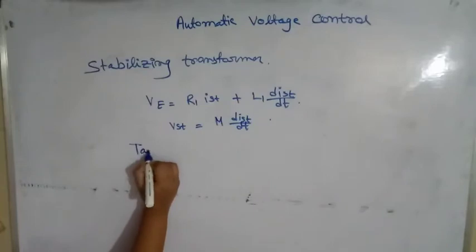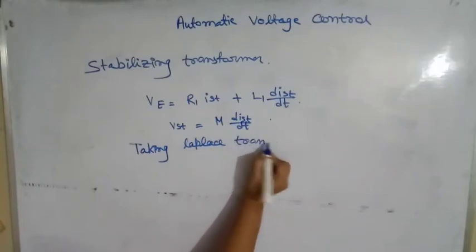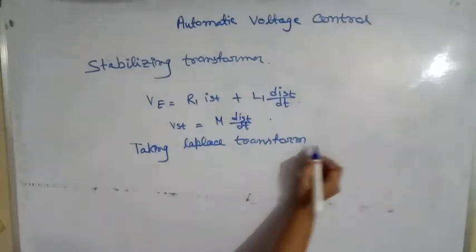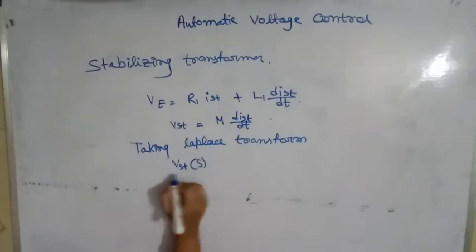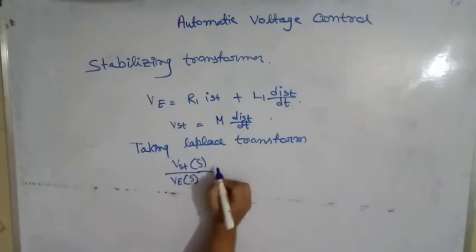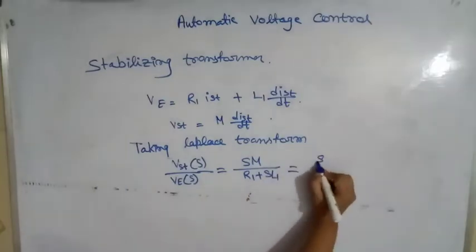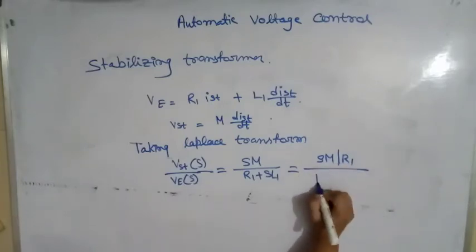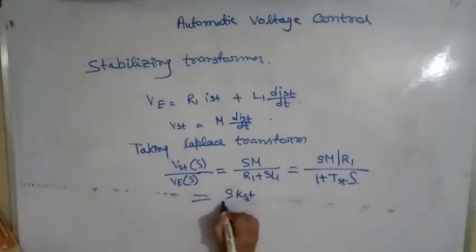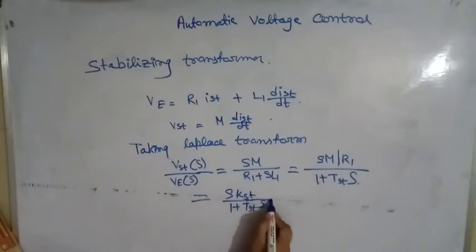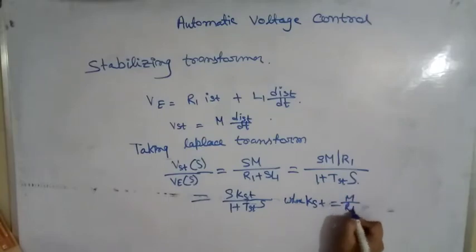Now taking the Laplace transform, VST(S) by VE(S) equals SM by R1 plus SL1, which is equal to SM by R1 into 1 plus TST into S, which is equal to S KST by 1 plus TST into S, where KST is equal to M by R1.